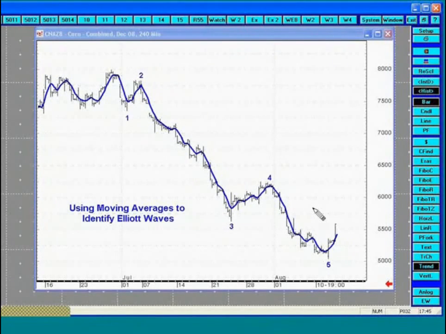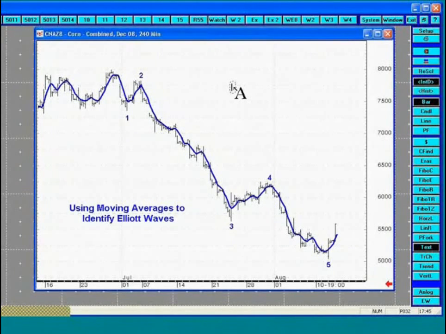And here's why. Just to go ahead and answer the question before it comes up, the blue line you see on your screen is an 8-period simple moving average of the close. That's what this blue line is. Now, whenever you're reading the book by Frost and Prechter, The Wave Principle, you see wave patterns in the book illustrated as line diagrams.